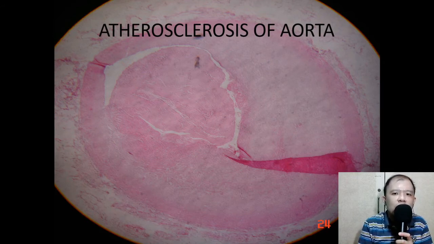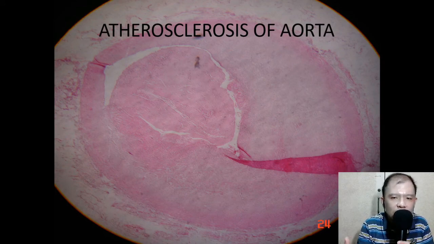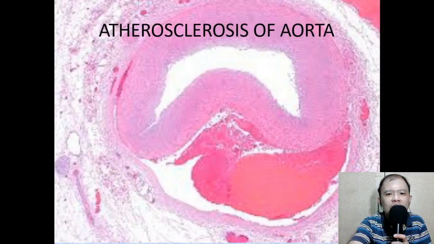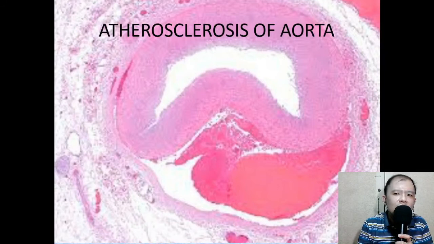It's more erythematous. And of course, if you look at it closely, it's composed of red blood cells. However, there are some cases where the thrombus does not occupy the central or luminal part of the atheroma.